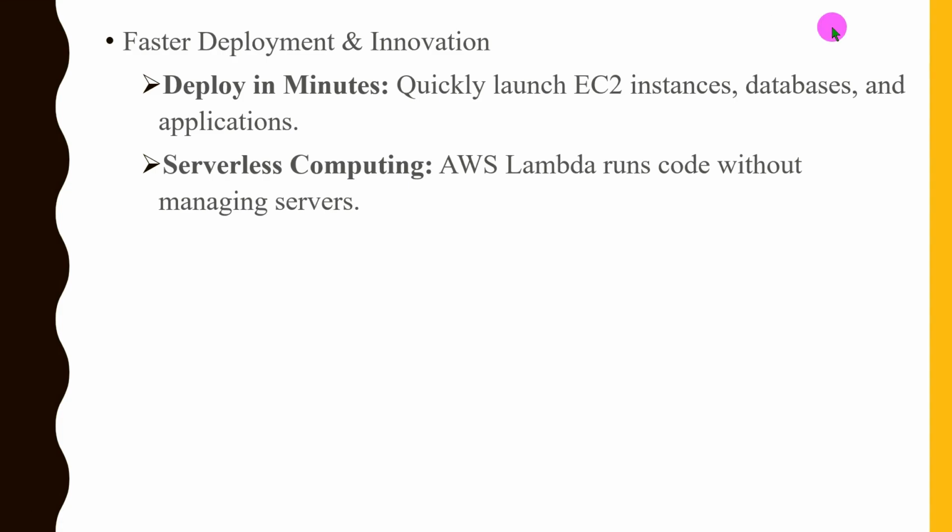AWS maintains all the servers, and also you don't have to maintain any patching or security related issues. AWS is completely responsible for all this maintenance, including the server, along with the patches, along with the optimization or enhancements. AWS is the sole responsible party for serverless computing.